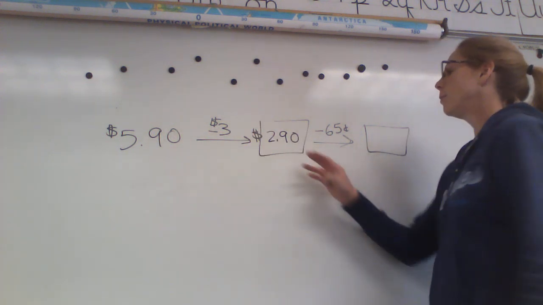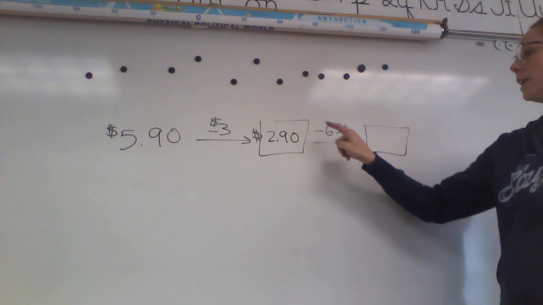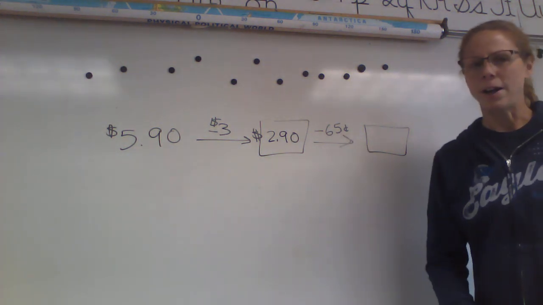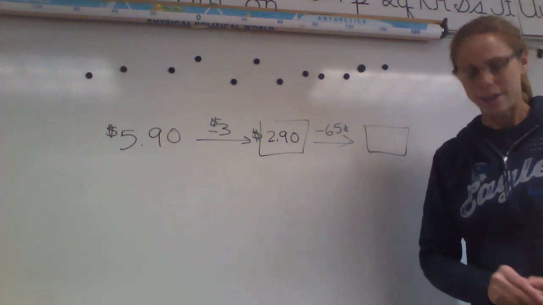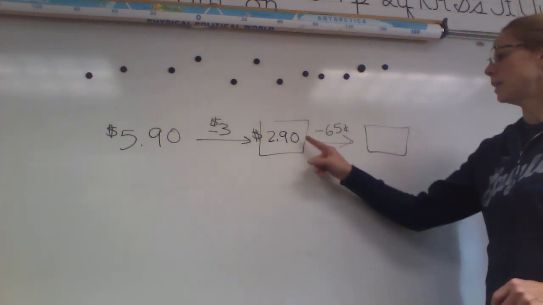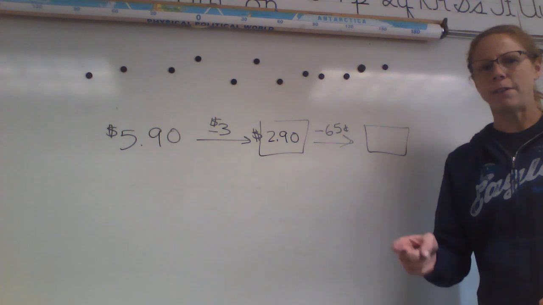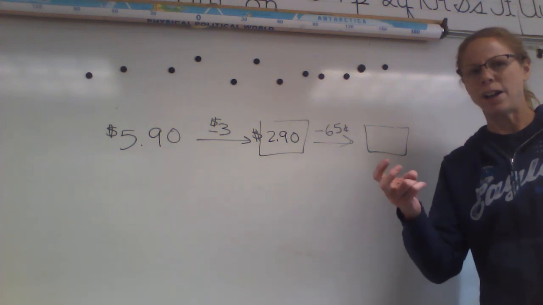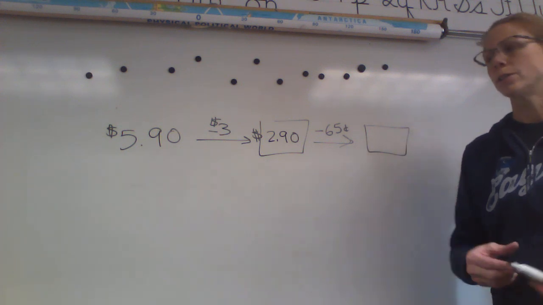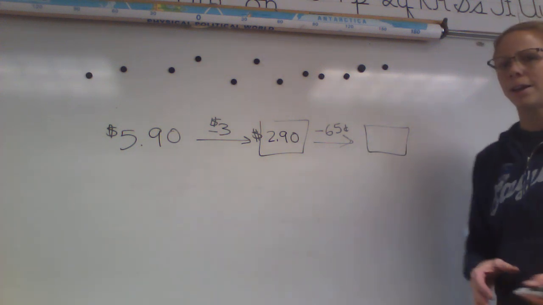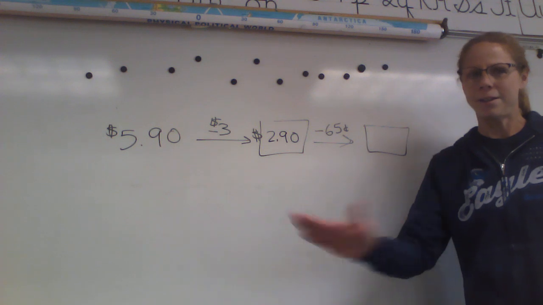And then we can take our cents, our 90 minus the 65. Okay, we need to find the difference. So you might be able to do that in your head. 65 to 90, I'm going to go 65, 75, 85. So that's 2 10s plus a 5. So it's 25 cents.